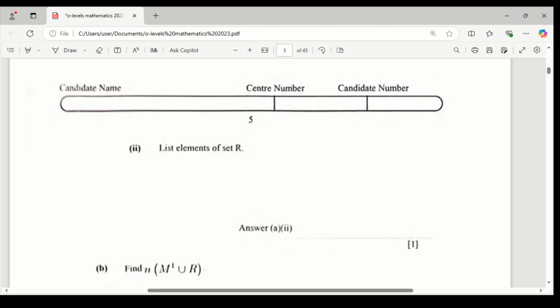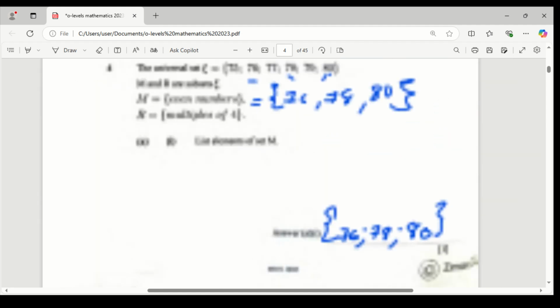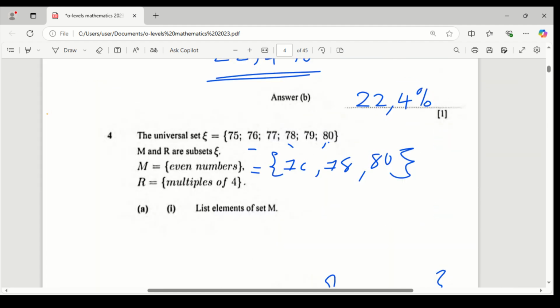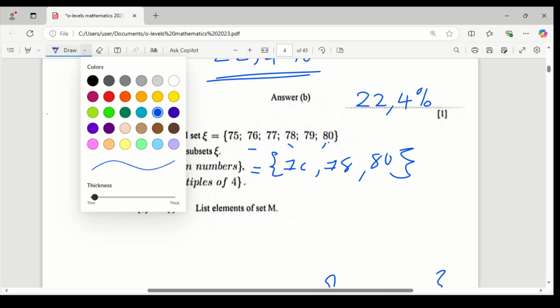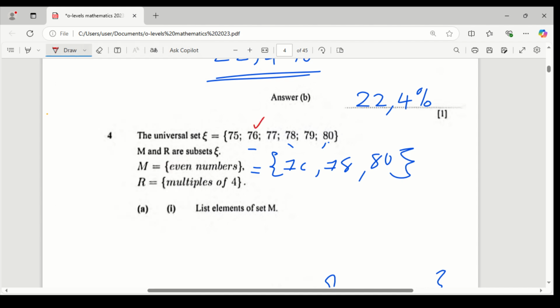So in our universal set there, we want to look for the numbers that are divisible by 4 without leaving a remainder. If you check here, we have got this 76, because we can see that 4 can enter into 76.